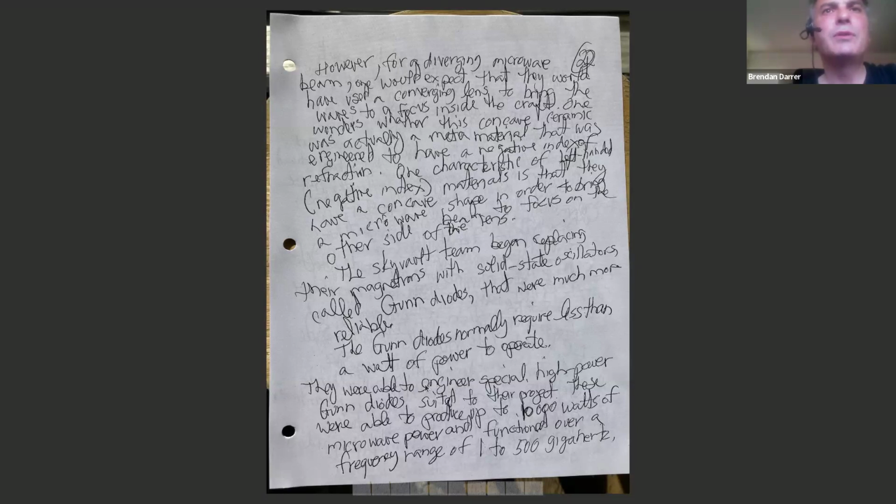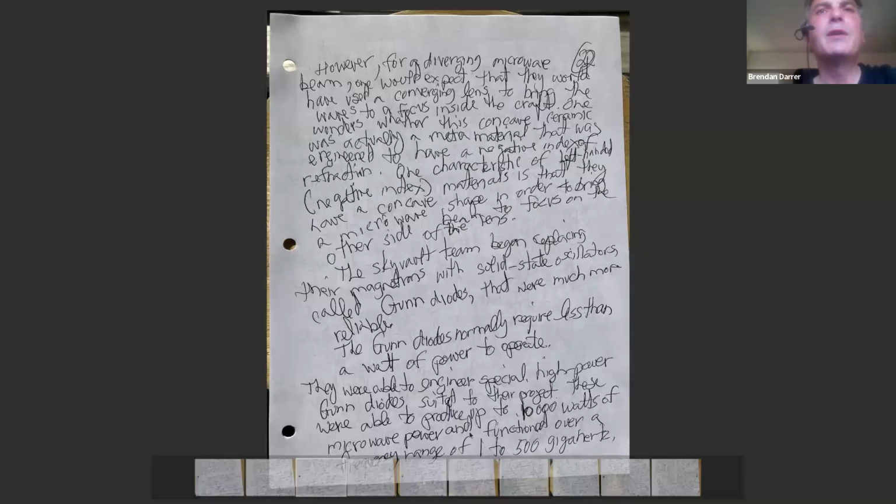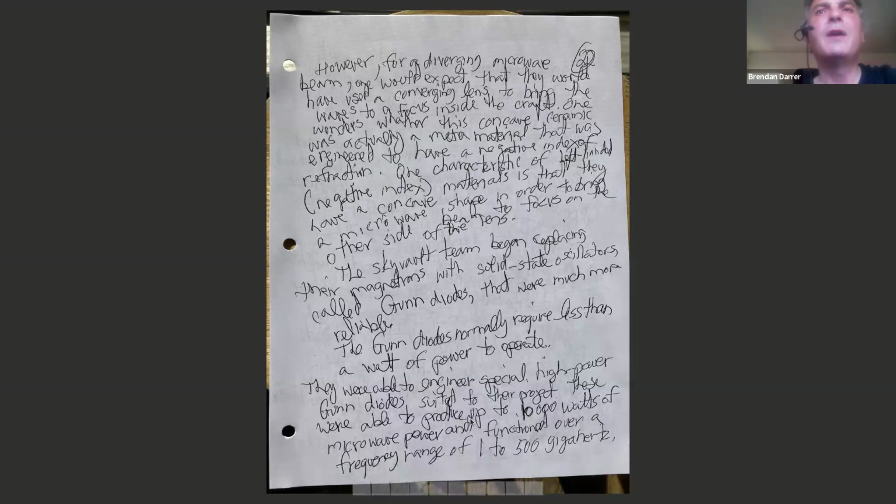They were able to engineer special high power gun diodes suitable to their project. These were able to produce up to 10,000 watts of microwave power and functioned over a frequency range of 1 to 500 gigahertz.